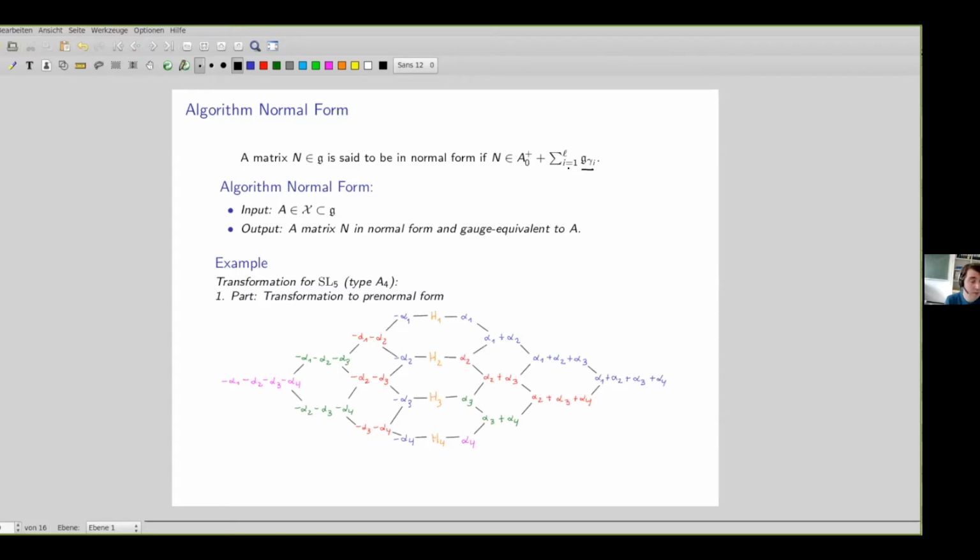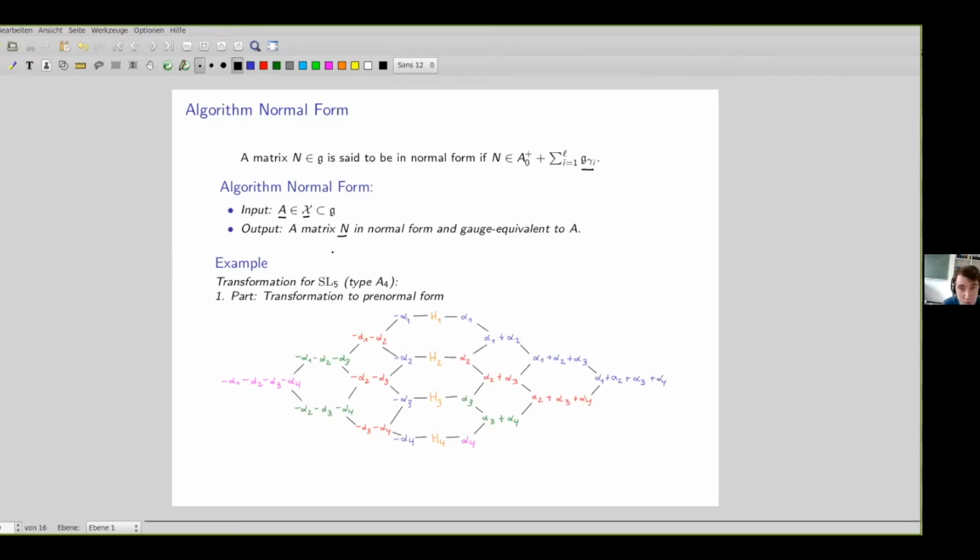We constructed, or designed, an algorithm which transforms a matrix A of a specific subset, mathcal X, of the Lie algebra to a matrix N in normal form, and A is gauge equivalent to this matrix N.